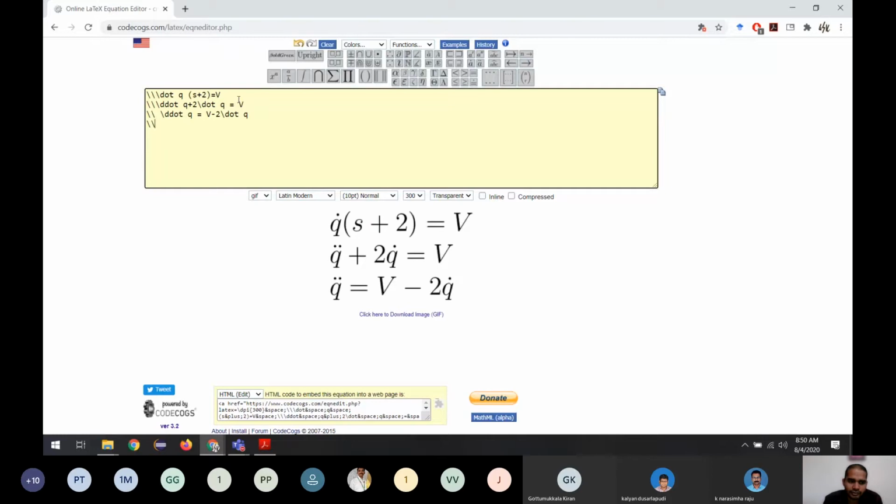If we say dot Q is y, we can write y dot is equal to V minus 2 times y.